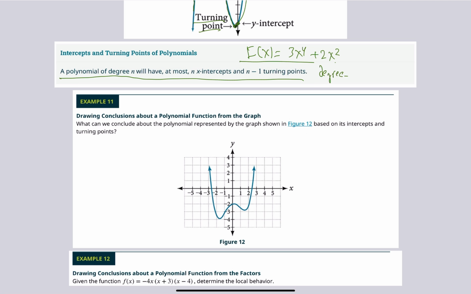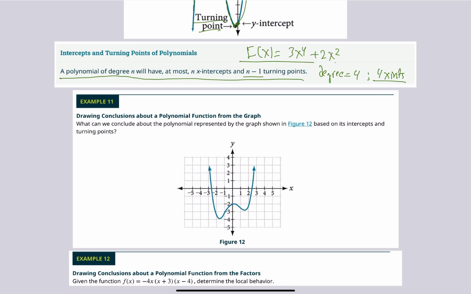Since the degree equals 4, at most, this function can have 4 x-intercepts. That's the highest number of x-intercepts. It can have 1, 2, 3, or 4 x-intercepts, but it cannot have 5 x-intercepts because the highest degree is 4.